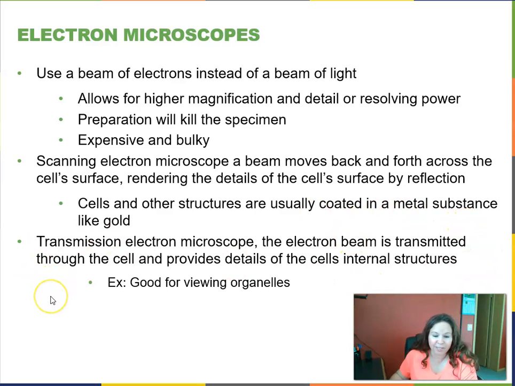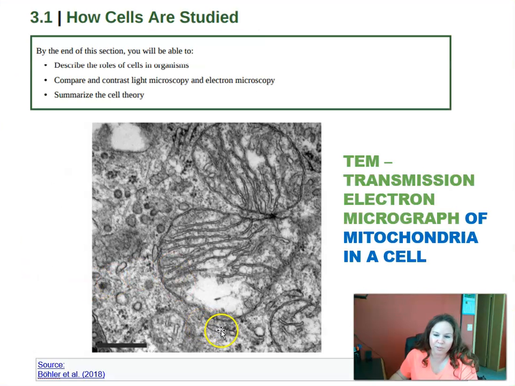And then there's the transmission electron microscope. That's one of my favorites because it really does get in close to something like an organelle inside of a cell, like that mitochondria that we looked at back up here. This was used with a transmission electron microscope. So we've actually gone through the membrane and we're looking at an organelle inside of a cell right there, the mitochondria.